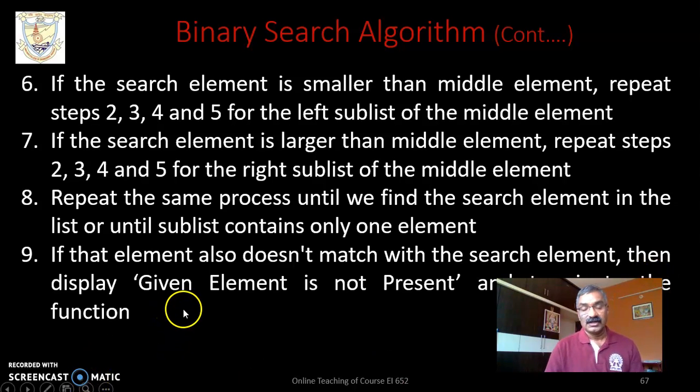The advantage of the binary search algorithm is that it is time independent. Whether the element is present in any position, it takes almost the same time. Whereas in linear search, if the element is present at the beginning of the list, it will display immediately. Time taken for searching is very less.